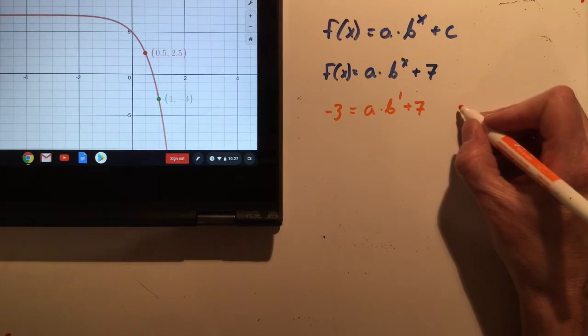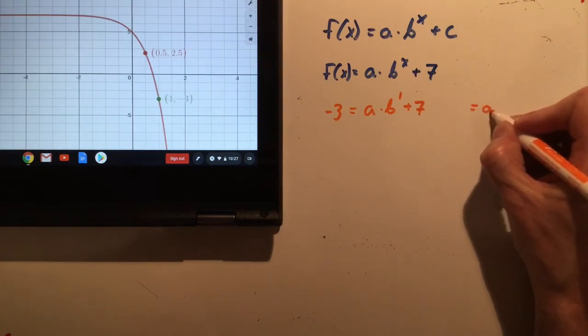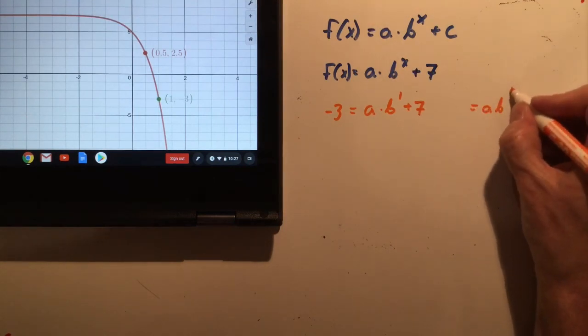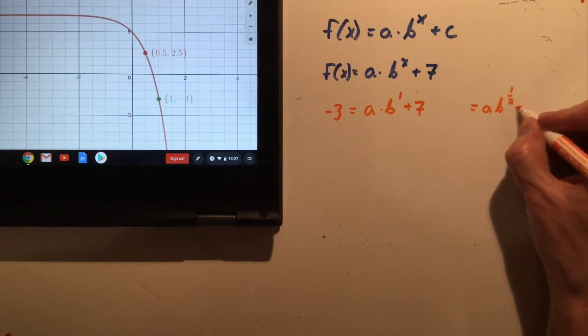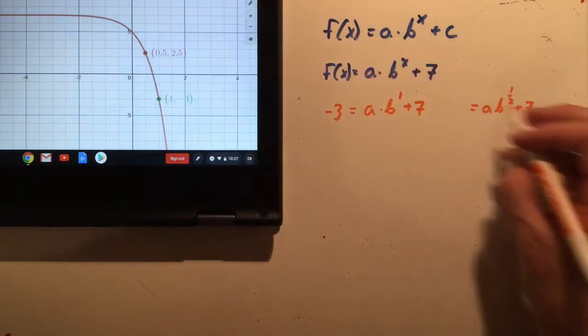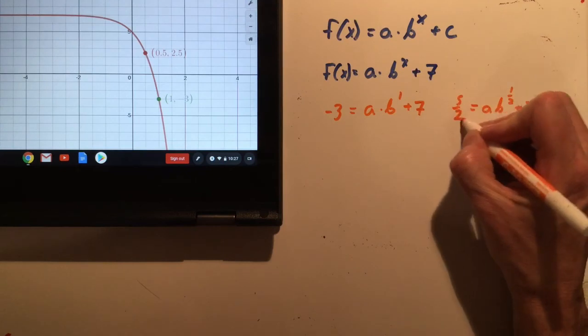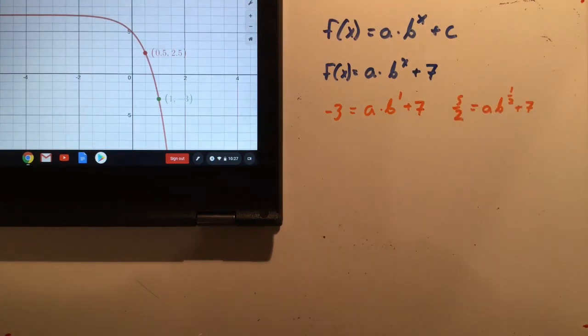And I also know that when x is 1/2, y is 2.5. And now what I have is a system of equations, so 2 variables and 2 unknowns. And you can solve that just using your algebra for system of equations.